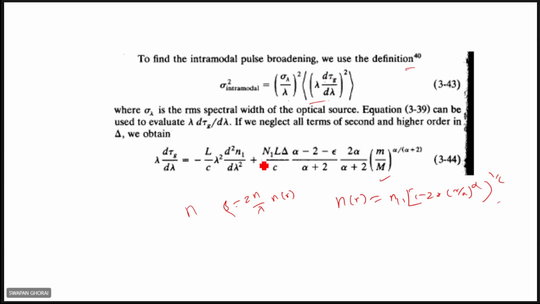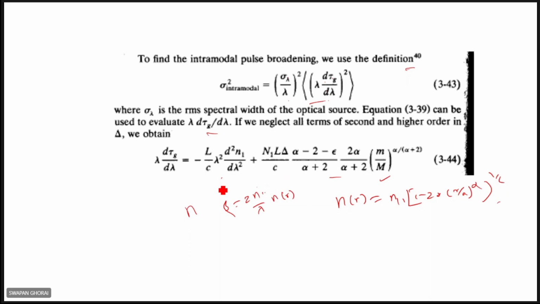This type of expression you can have after simplifications. So from the group delay you can calculate these ones, and by neglecting the higher order terms, you can have these expressions.